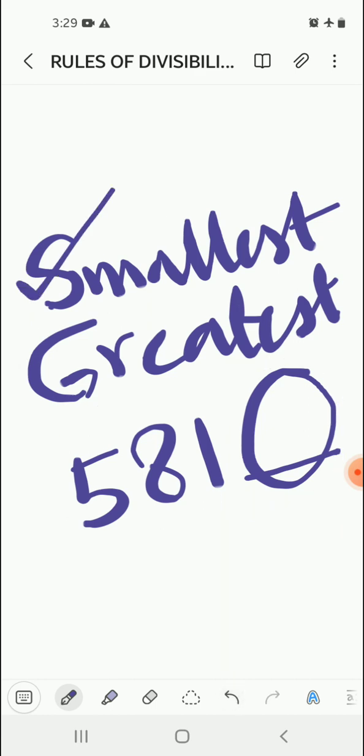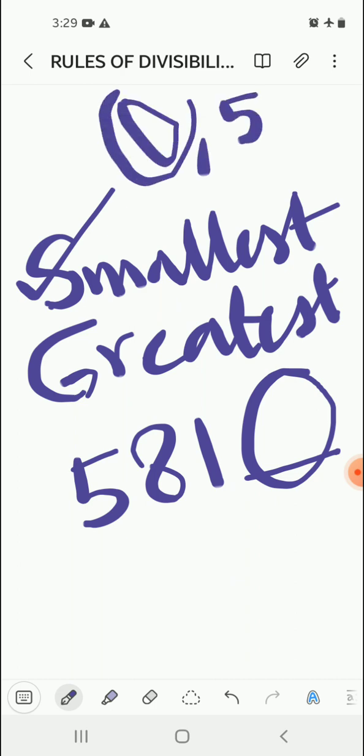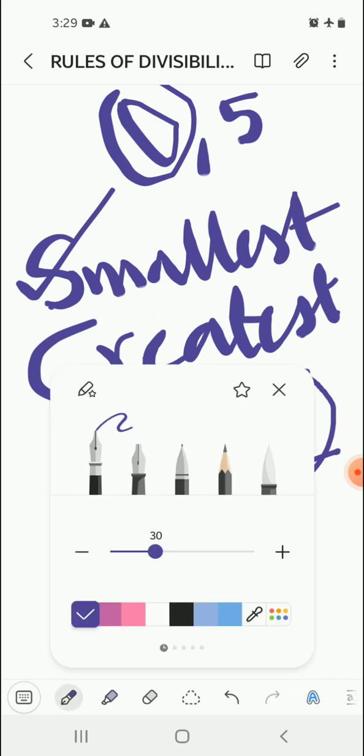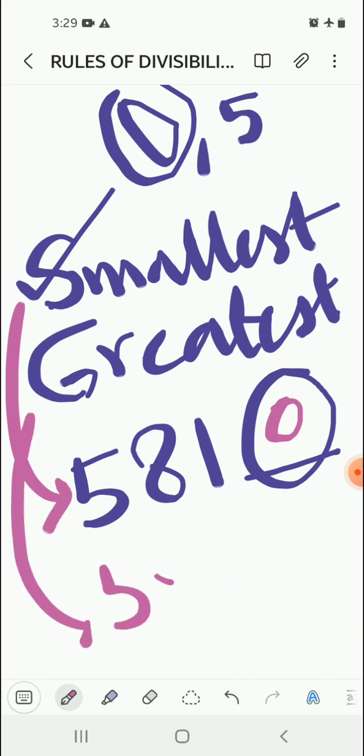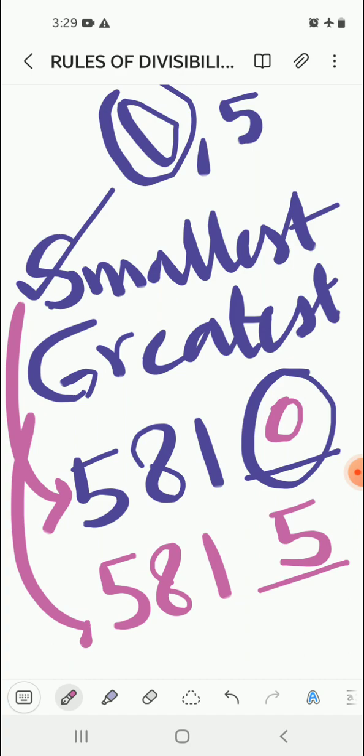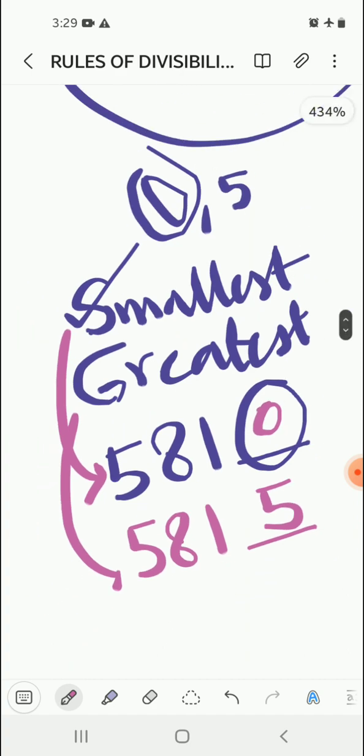See, for the smallest digit, out of 0 and 5, the smallest number is 0. So, over here in this blank space, there will be 0, if you are asked to find the smallest number. In case you are asked to find the greatest number, my answer will be 5, 8, 1 and in the dash, it will be 5. So, this is how we are going to solve these sums.